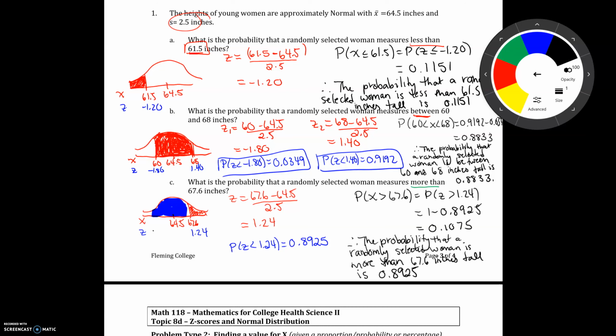Therefore, the probability that a randomly selected woman is more than 67.6 inches tall is, I wrote down the wrong value there, 0.1075. Always make sure that your answer makes sense. My correct answer corresponds to about a 10% chance, whereas my incorrect answer is closer to a 90% chance.